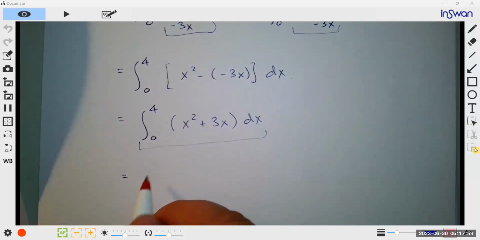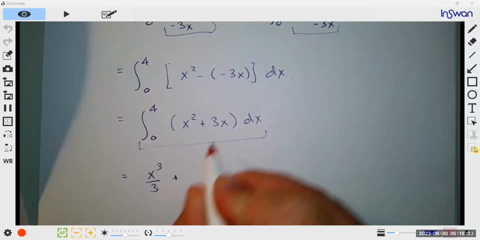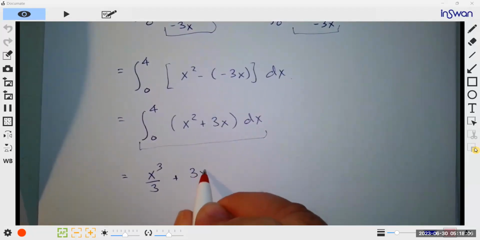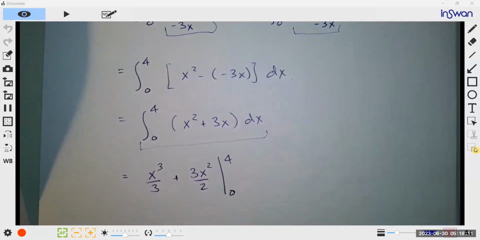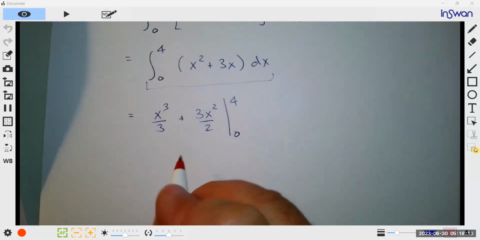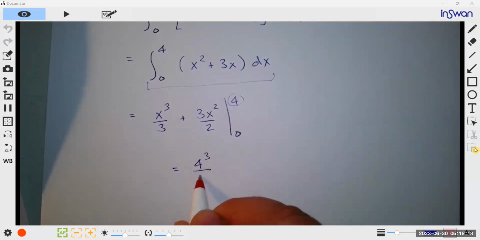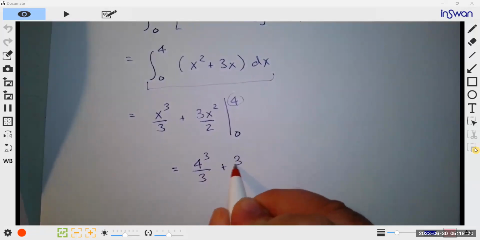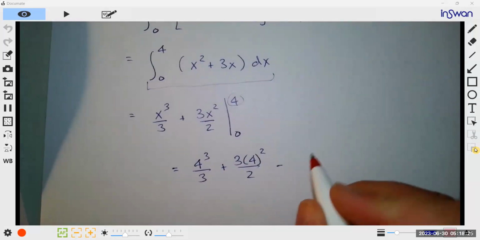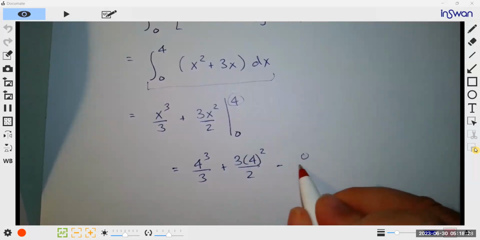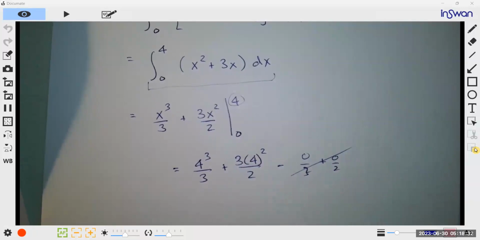The integral of x squared is x cubed over 3. The integral of 3x is 3x squared over 2, from 0 to 4. Let's do 4. So we have 4 to the third over 3, plus 3 times 4 squared over 2, minus 0 over 3 plus 0 over 2. These are gone.